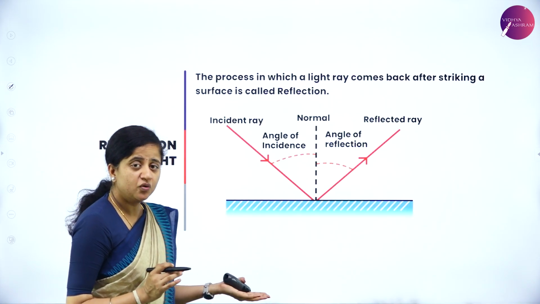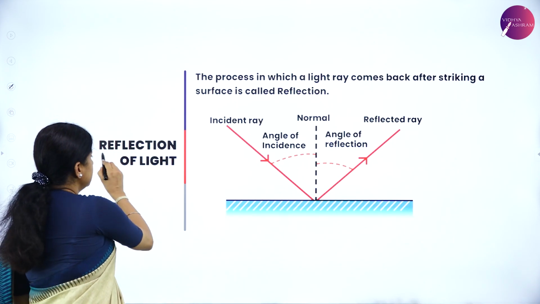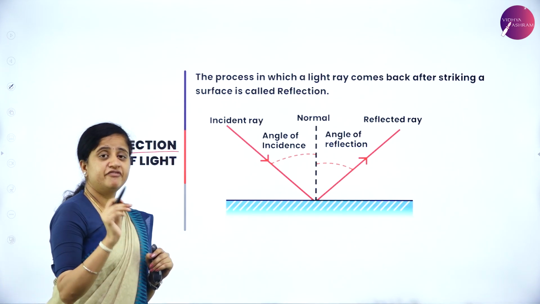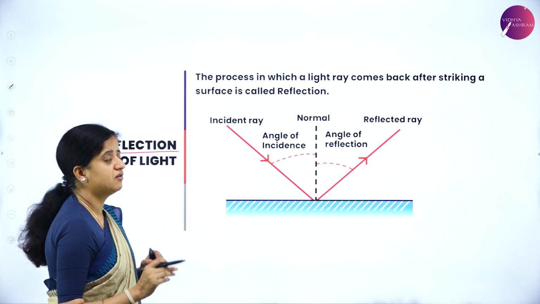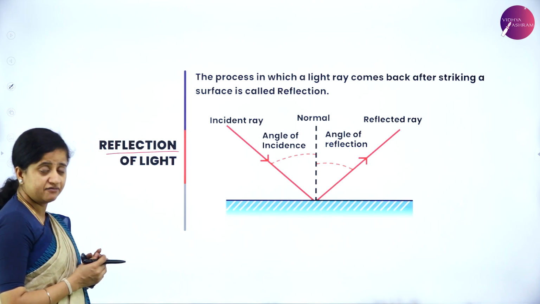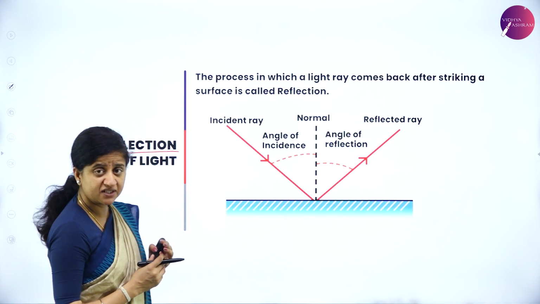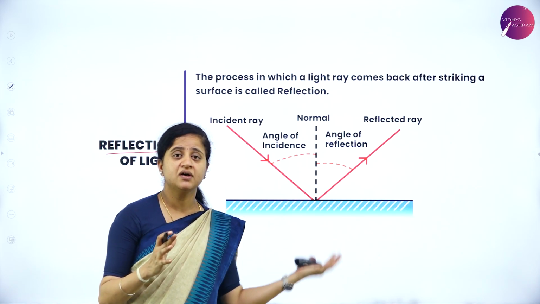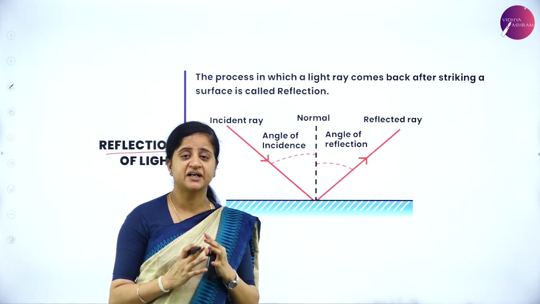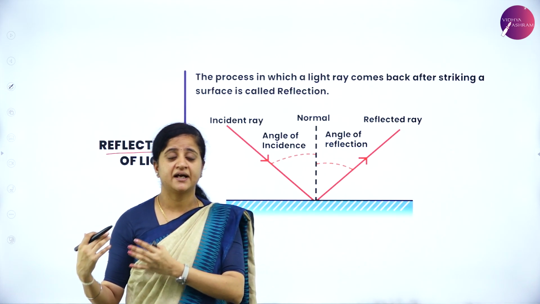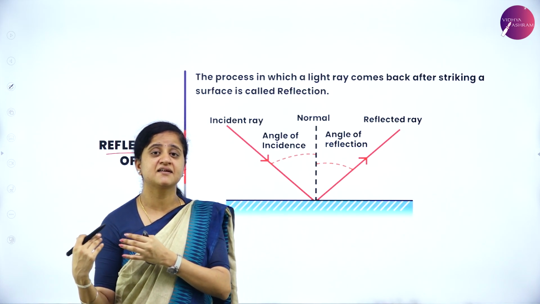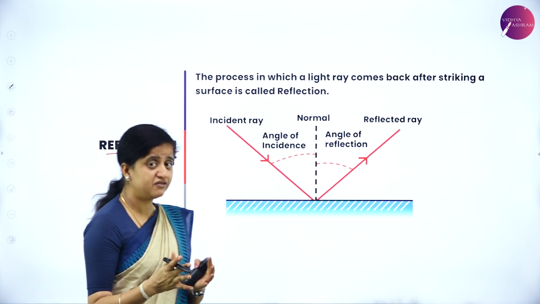So next let us move on to the properties of light, which includes the reflection of light. The first property we are going to understand of light, that is the reflection of light. What is the meaning of reflection of light? In simple words, in the lower classes, we have studied that the bouncing back of the light rays when it is traveling in a medium is called as reflection of light.